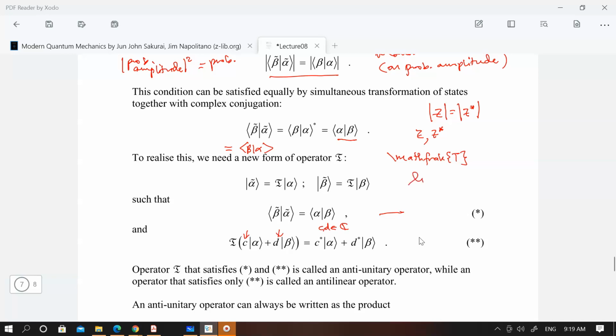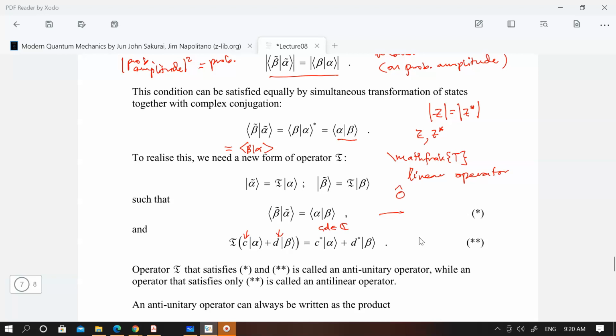Remember a linear operator. I just want to remind you what a linear operator is.